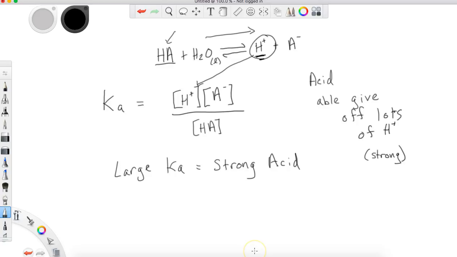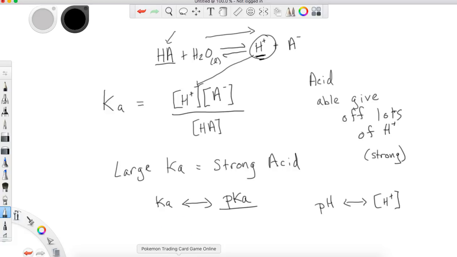Now, in organic chemistry, many chemists tend to use the inverted scale, the logarithmic scale of pKa, and you should have seen this somewhere before with pH, right? pH is really a representation of the H plus concentration, and pKa is really a representation of the Ka constant.